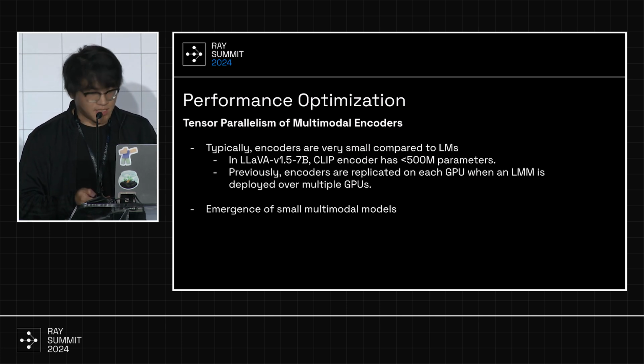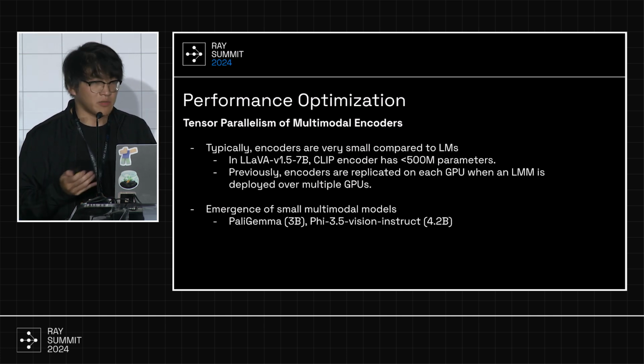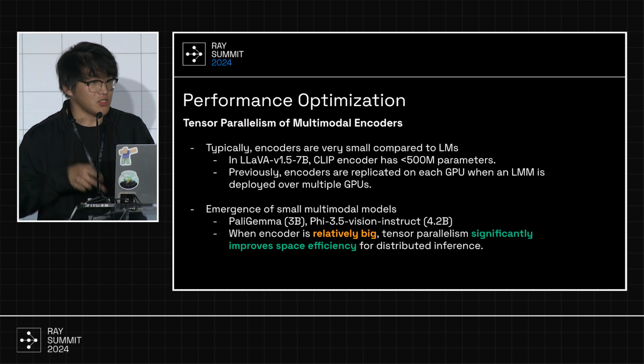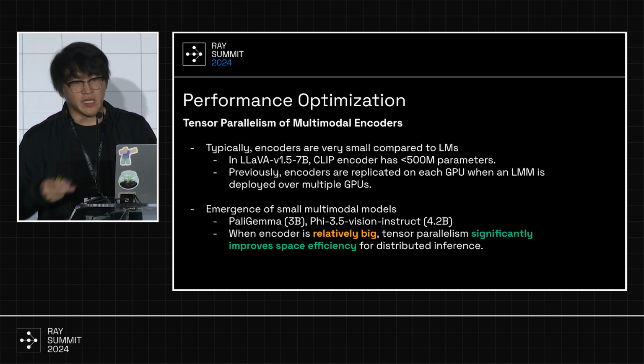But later on, we saw a huge influx of small multimodal models: PaliGemma 3B, Phi-3.5-vision-instruct, which is also 4.2B. And compared to these models, the vision encoder itself is relatively big.